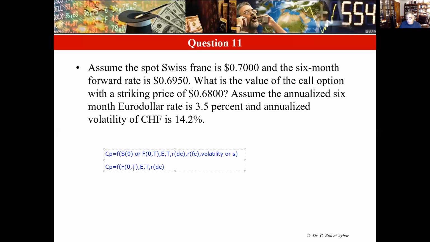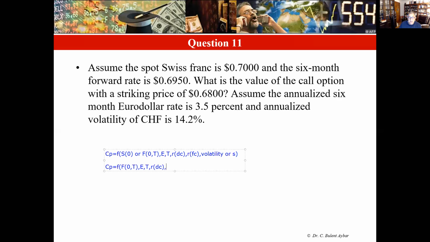Remember, forward price can be estimated by using interest rate parity, which is spot times 1 plus domestic interest rate divided by 1 plus foreign interest rate. So foreign interest rate is already embedded in here, therefore does not go into the equation directly, but the call price is a function of that foreign interest rate as well.